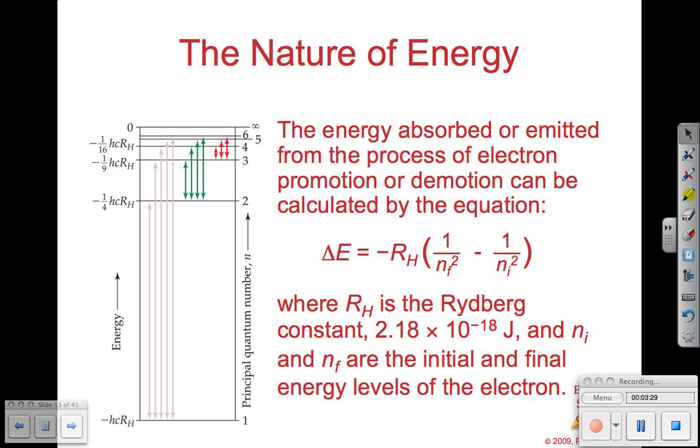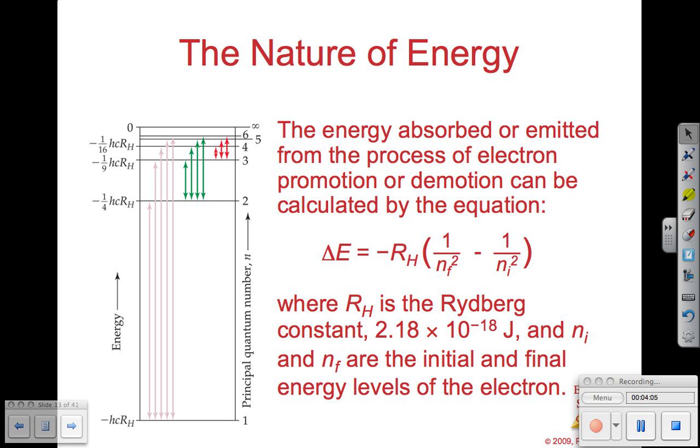So how we can now apply this is when we think about the energy absorbed or emitted from the process of an electron being promoted or demoted in an energy level, it can be calculated according to this equation, where the change in energy is equal to Rydberg's constant, so just another constant, and notice the units of that, 2.18 times 10 to the negative 18th joules, and then the initial energy level and the final energy level that the electron moves between.